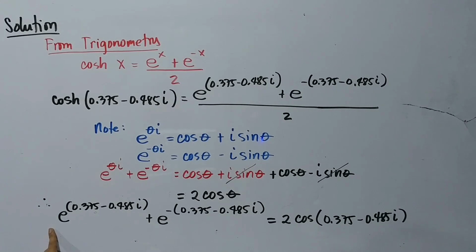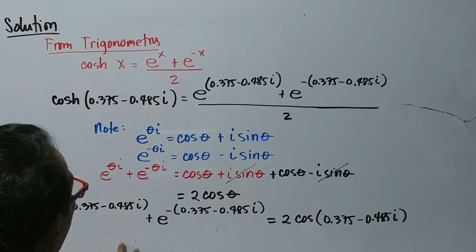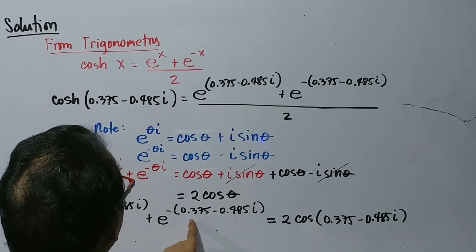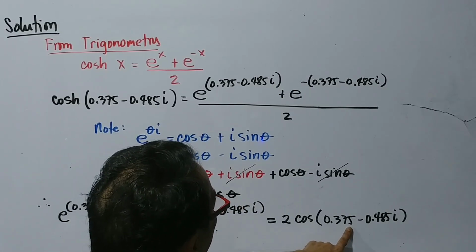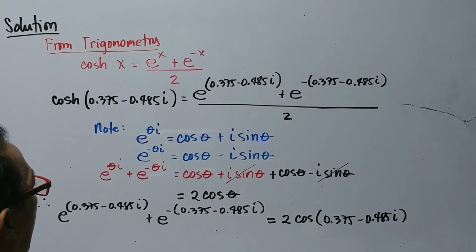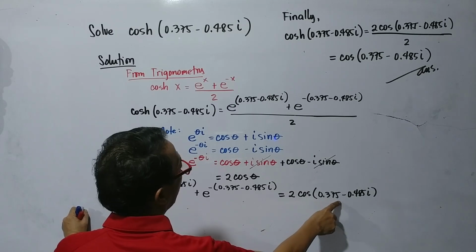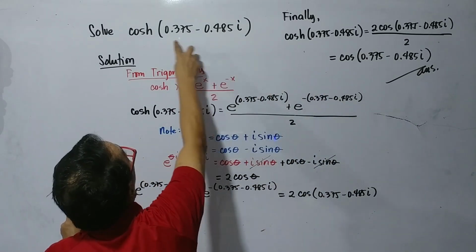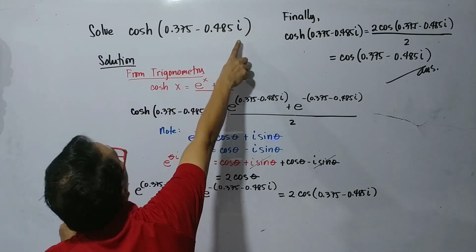So we substitute now that value. So we have now 2 cosine of the theta, which is 0.375 minus 0.485i, because this represents your theta.